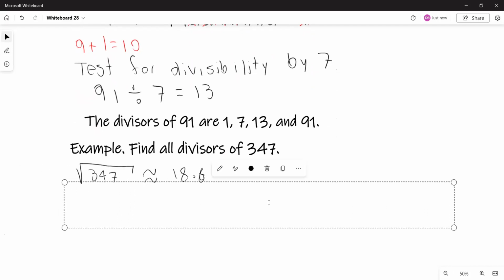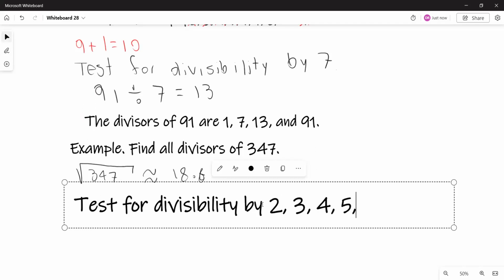Okay, so we're going to test for divisibility by 2, 3, 4, 5, 6, up to 18.